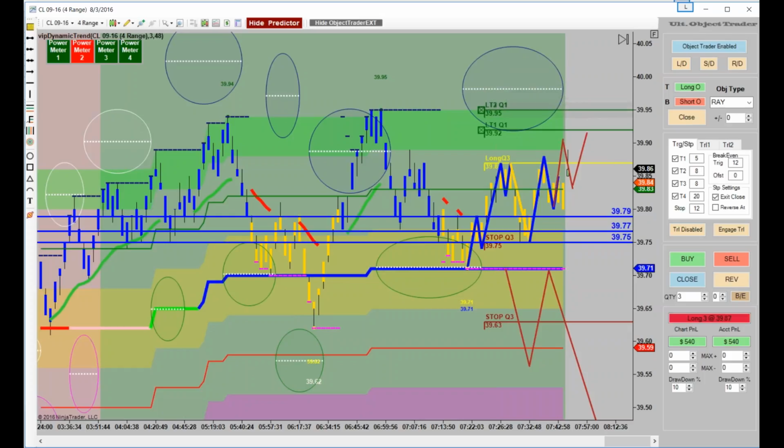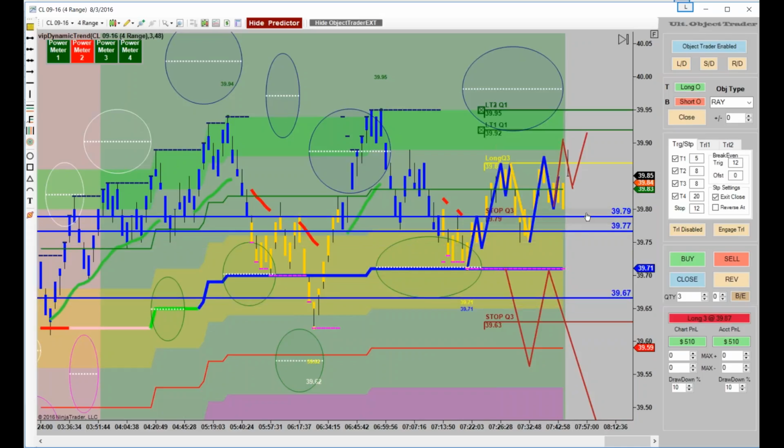Put all your eggs in, literally just taking the top. The reason for that is because it's pretty sideways to begin with, and then you can try to get, especially if you get in late. See where we're trying to get in down here and it bounced on us. So we got in way up here. That's too late in my opinion, but we do have a 10-tick trade, very possibly. Our stop would have to literally be under there. Exit on close.